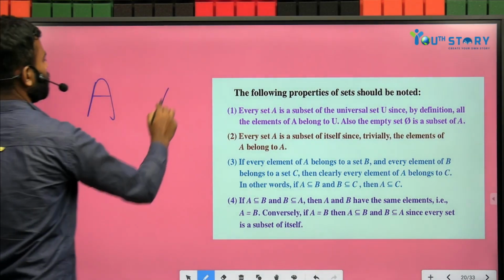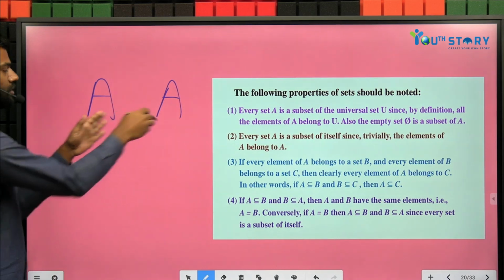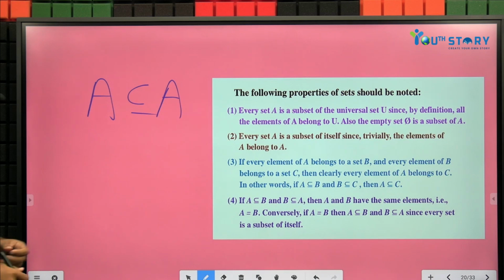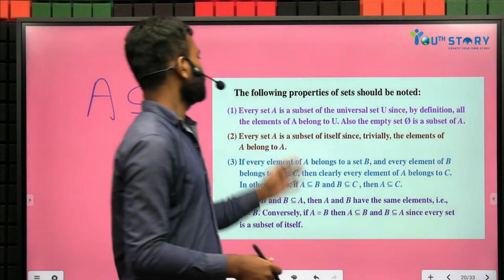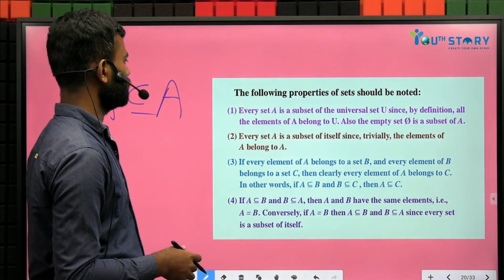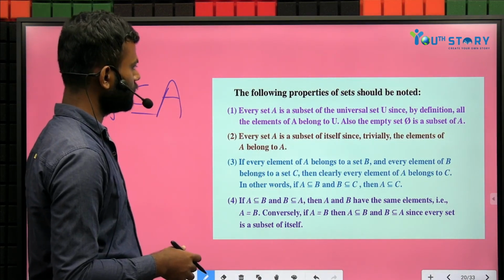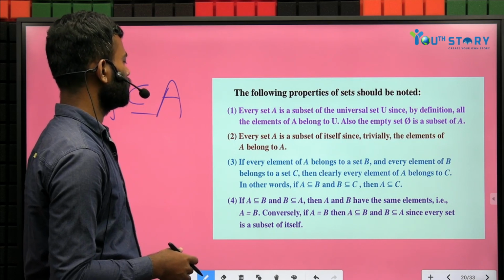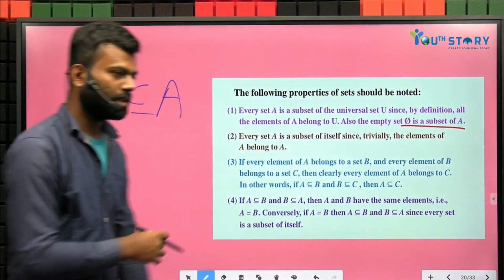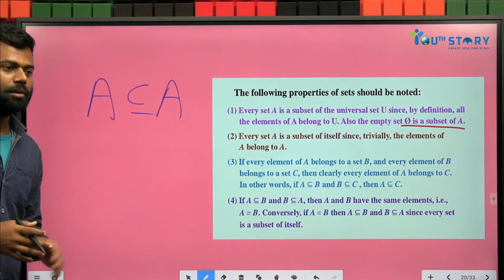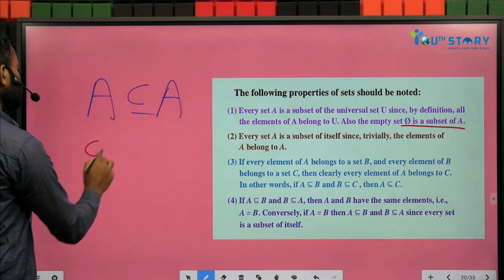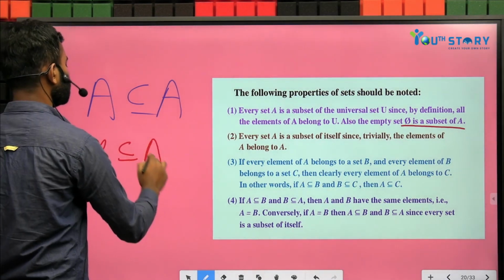then each element of A is also an element of A, so we can write A is a subset of A, and every set A is a subset of the universal set U. By definition, the empty set is also a subset of A, because the empty set has no member, so this holds trivially for any set.